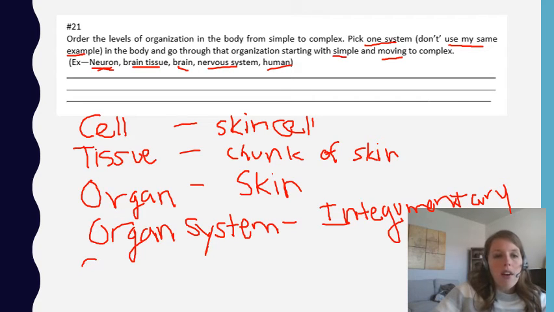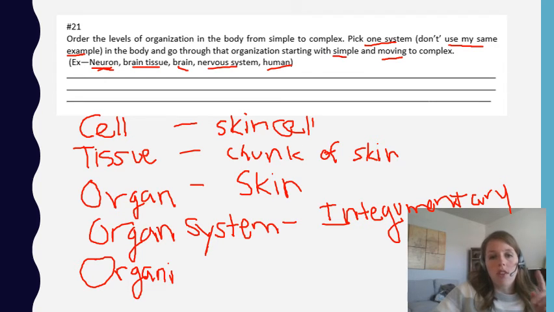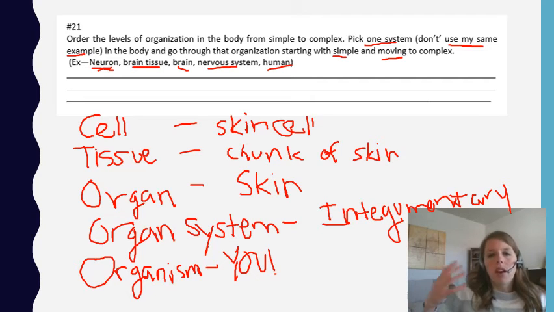And then you have the largest thing, which is called an organism. And that is just you. Okay, so that's the whole kit and caboodle. Okay. All right, guys. So I hope you enjoy my elementary school writing. But anyway, you could do this for any system in the body, but this is an example of how this breaks down. Cell, tissue, organ, organ system, organism.